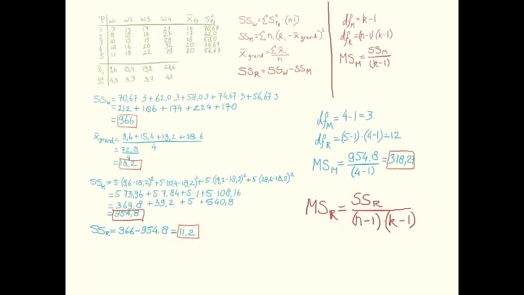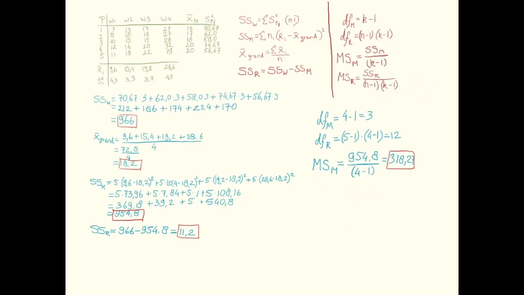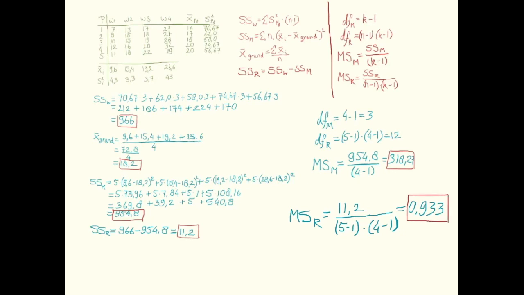I'll put this next to the other formulas so that we can fill it in. The mean square residual is the sum of squares residual 11.2 divided by the degrees of freedom residual 5 minus 1 times 4 minus 1, which is equal to 0.933. And therefore the mean square residual equals 0.933.